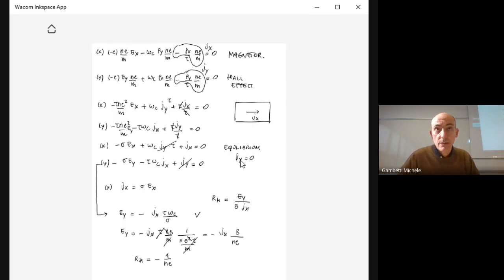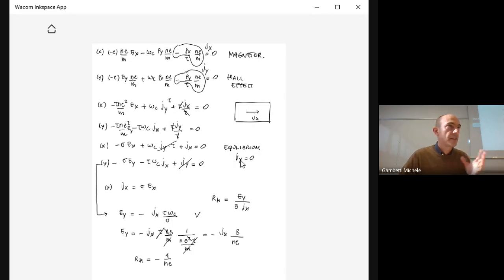for different kinds of motivations. The first motivation is that here you have no relaxation time. So whatever the collision mechanism, whatever the value of the relaxation time, that is not here. So if you measure the Hall coefficient, you have a quantity that does not depend on the relaxation time. And it's important because at the moment, the relaxation time has no strong physical background.